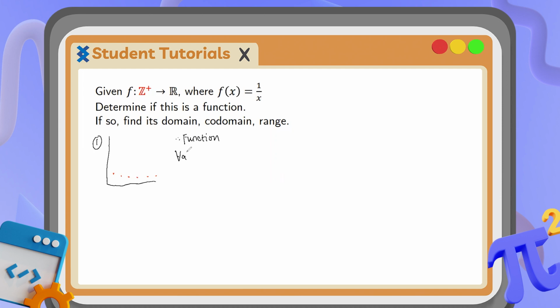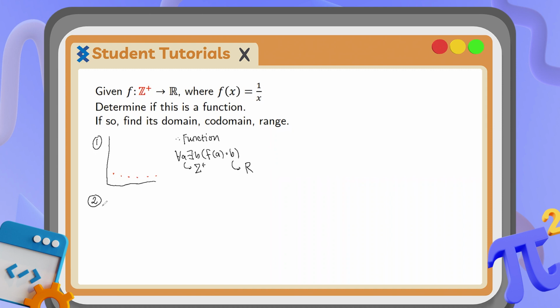For all elements which are part of positive integers, there exists a b where f of a is equal to b, which in this case is all real numbers. And because that is true, we can see that this one is a function. If so, we need to define its domain, codomain, and range.